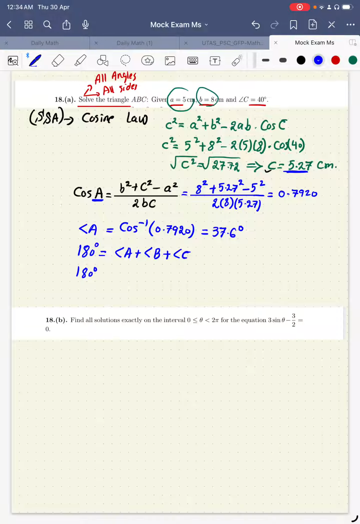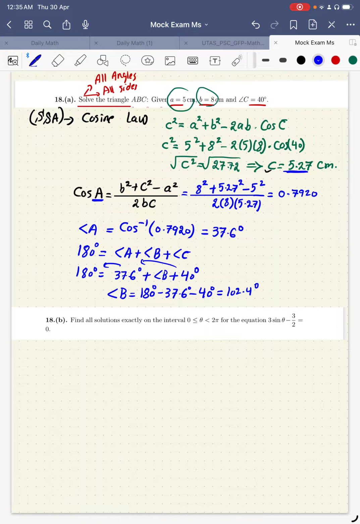So the sum of angle A plus angle B plus angle C equals 180. Angle A is found to be 37.6 degrees, which I found earlier, plus angle B, which I want to find, plus angle C, which is given as 40 degrees. I add those numbers and take them to the other side, so angle B equals 180 minus 37.6 minus 40, which is 102.4 degrees.